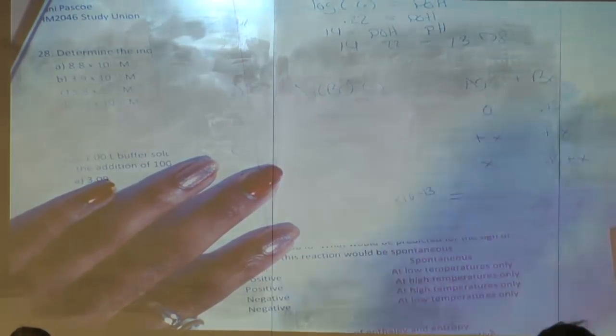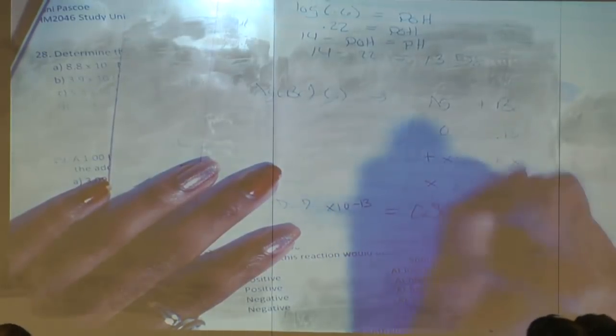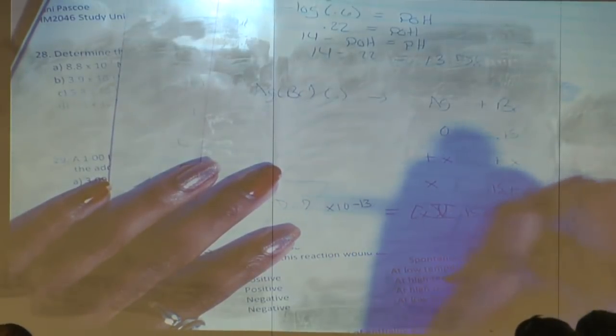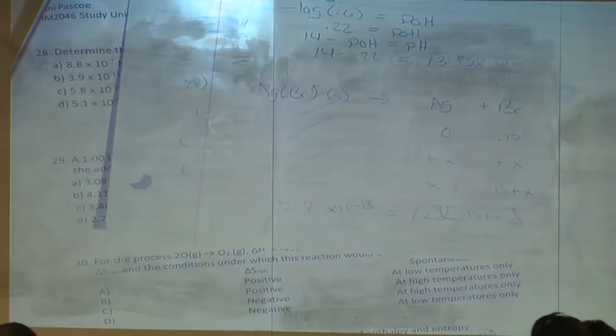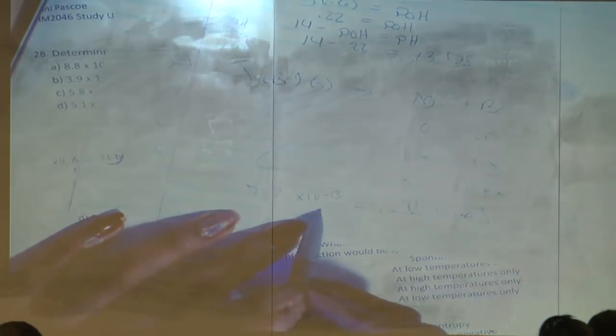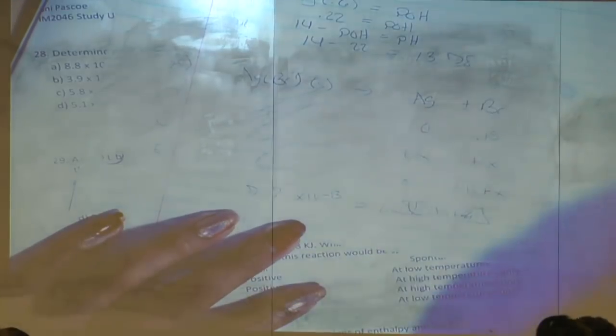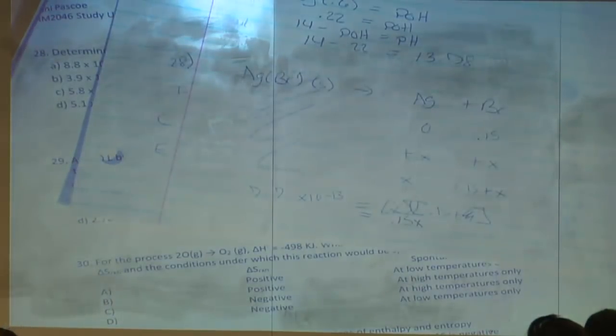And that equals x times 0.15 plus x, because that's the concentration of Ag and Br at equilibrium. Now I want to cancel out the x in the sum because this K right here is really small. So we get 0.15 x equals the Ksp. Now we're just going to divide to find out what x is.